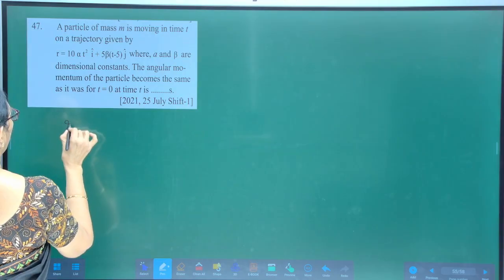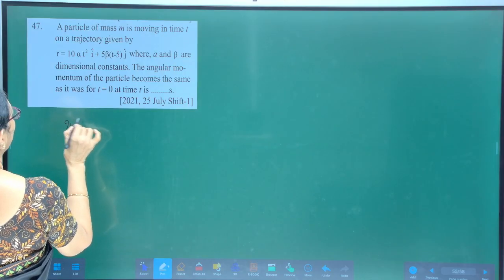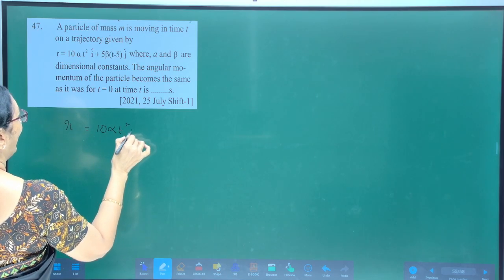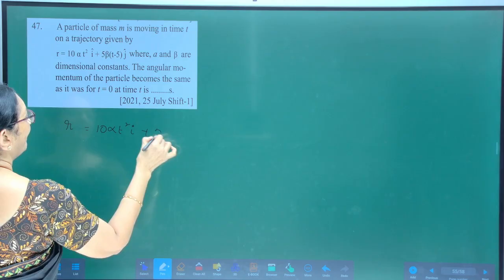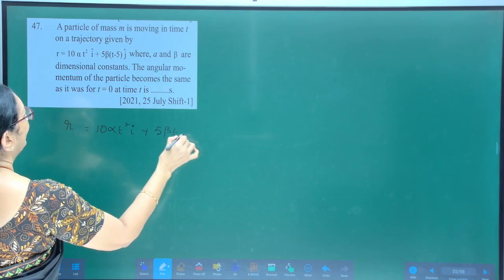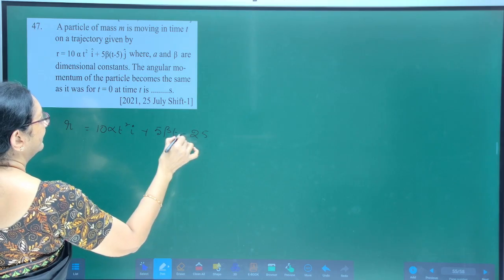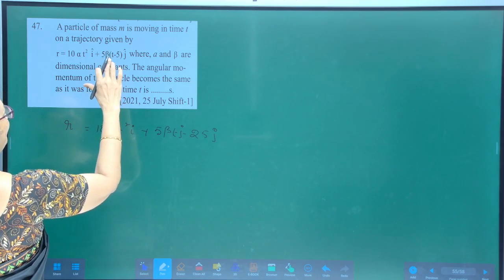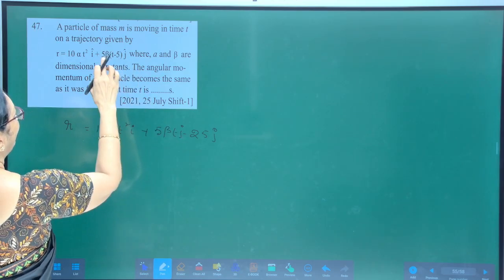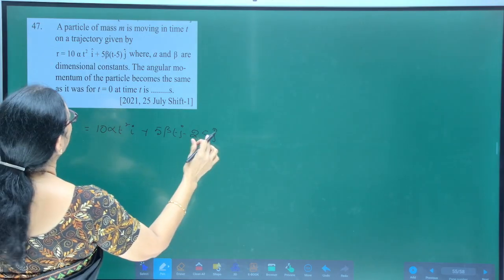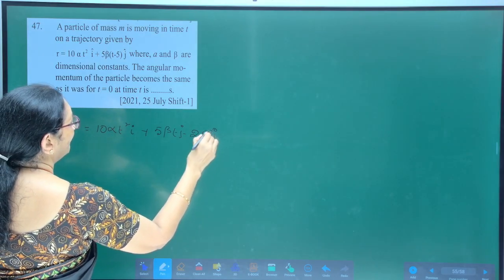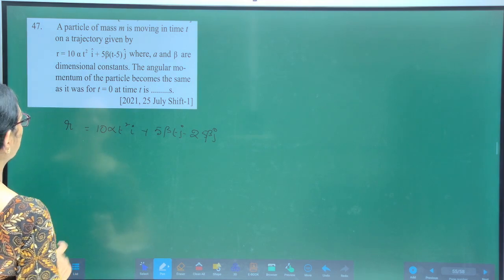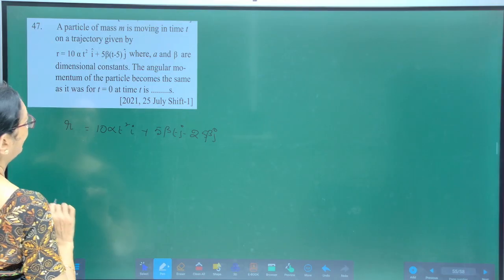See here, the position vector of a particle is given as 10 alpha t square i bar plus (5 beta t minus 25 beta) j bar. I have just separated that: 5 beta t j bar, 5 beta into 5, 25 beta j bar, where alpha, beta are constants. This is r bar, right?